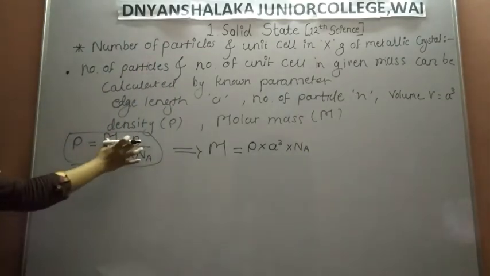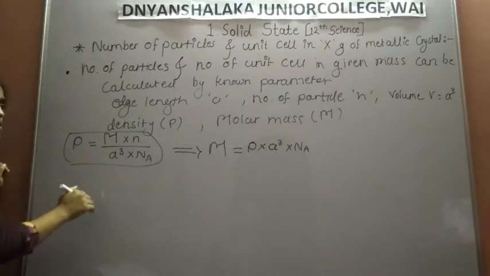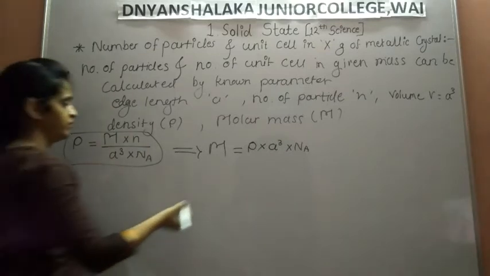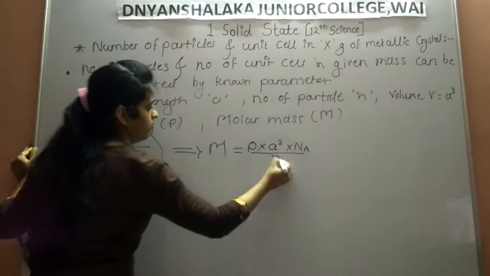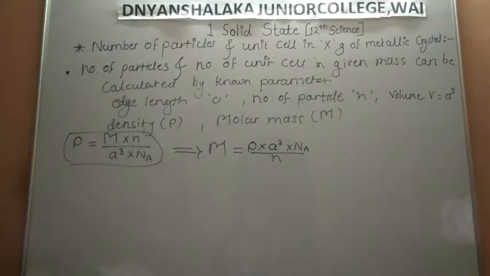And the numerator changes direction, so it goes upon n. So we get the molar mass of the substance: M equals rho into a cube into Avogadro number Na, divided by n, the number of particles.